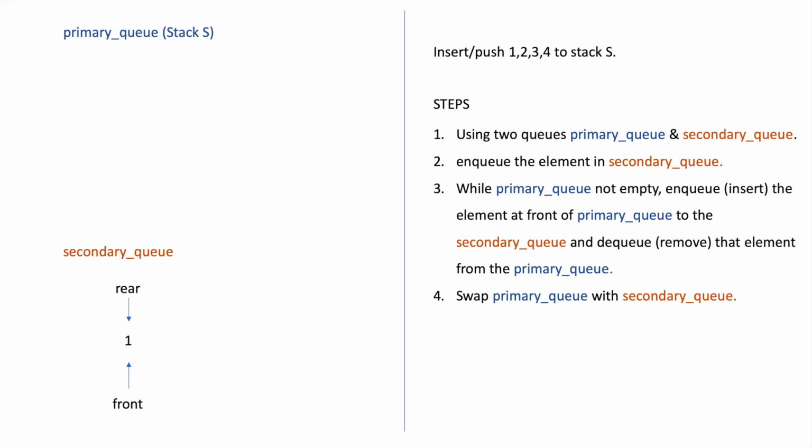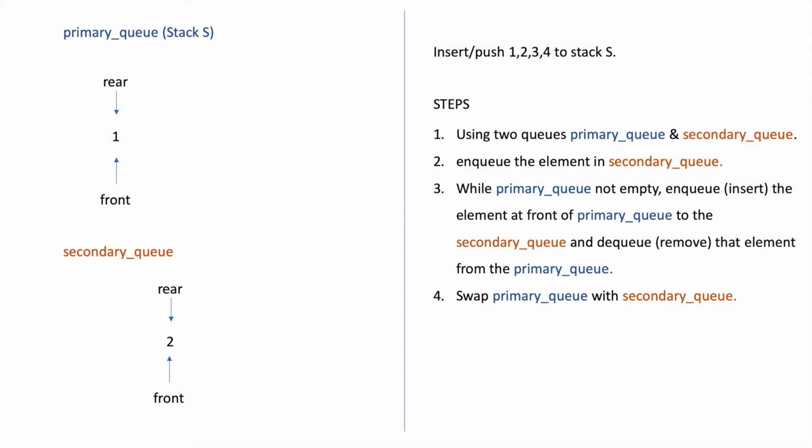Next, while the primary queue is not empty, we have to enqueue each element from the primary queue to the secondary queue and remove that very element from the primary queue. But as we can see, initially our primary queue is empty. So we will skip this step and move to the next step, which is we will swap the primary queue with secondary queue. Now again we have to insert the element 2, so we will enqueue it to the secondary queue. Therefore both front and rear point to the element 2.